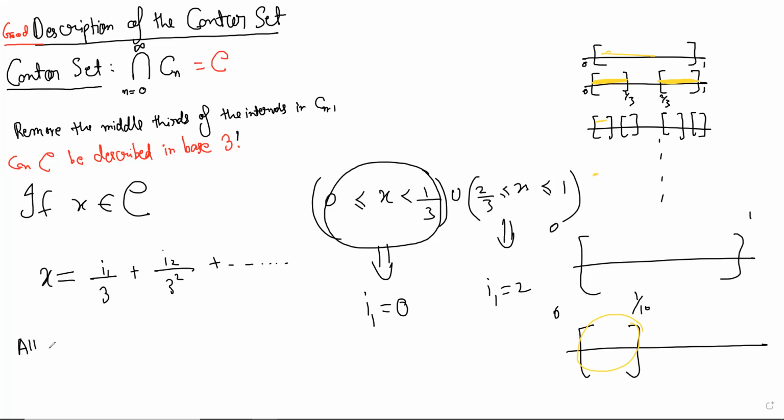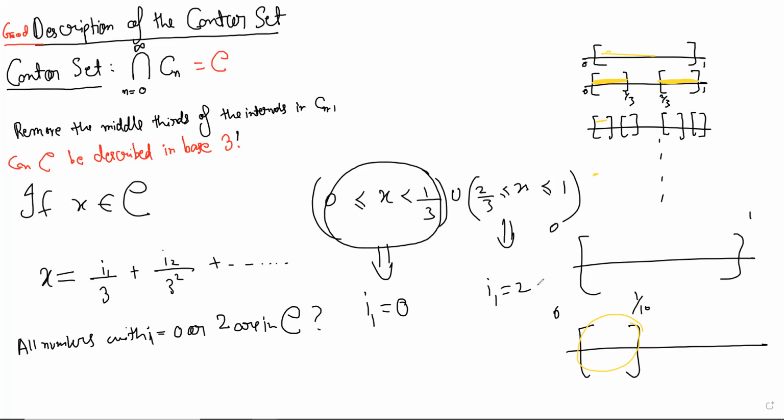So all numbers with I1 equal to 0 or 2 are in C. Or you can simply think about what I2 can be.